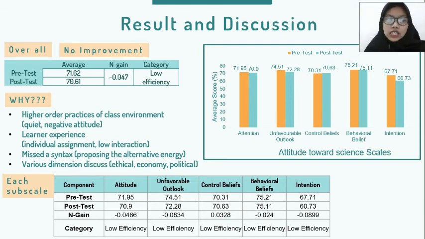And the last one is the various dimensions discussed. It means there is a lack of dimensions discussed in this class, such as the students tend to talk about the economic dimension, while the ethical and political dimensions are not discussed in the class. However, in socio-scientific issue-based learning, the dimensions have to be various, so it will be more interesting for the students.